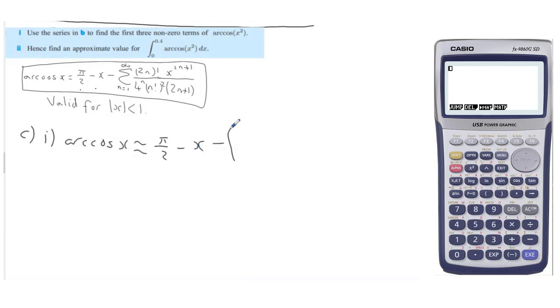You've got 2 times 1 factorial, so 2 factorial, which is just 2, times x to the power 2n plus 1, so x to the power 2 times 1 plus 1 is x to the power 2 plus 1, which is x cubed, over, you've got 4 to the power n, so 4 to the power 1 is just 4, times n factorial squared, well 1 factorial is 1, 1 squared is also 1, so that's just times 1, times 2n plus 1, well that's the same as the 2n plus 1 on the power, so that must be 3.